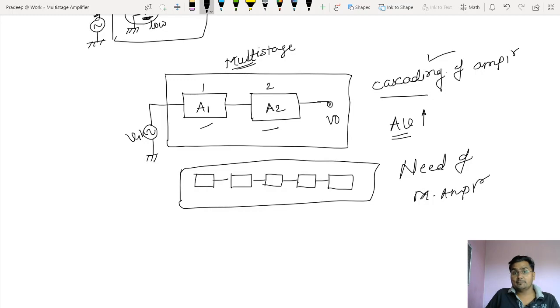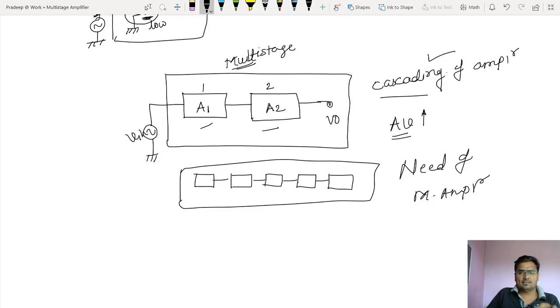Your amplifier will become a multi-stage amplifier, and that multi-stage amplifier will give us the desired increment in gain. How much increment there is in the gain, we'll discuss afterwards, but for the time being we'll just understand the need of the amplifier. The need is to increase the gain. That was the first point.